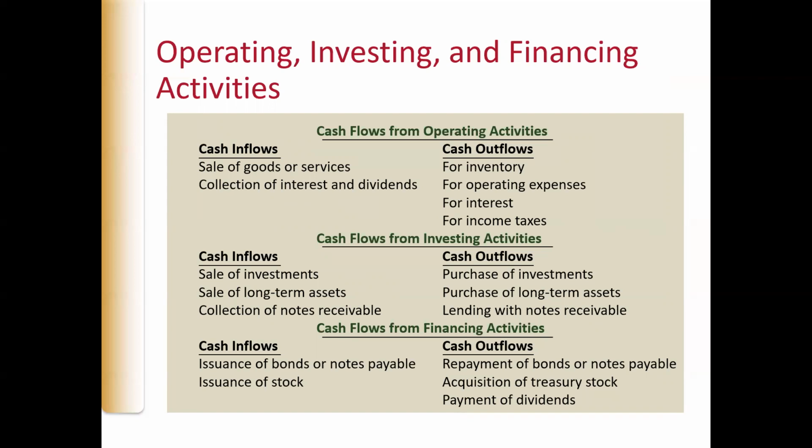The outflows would include purchasing investments, long-term assets, or lending money to people for notes receivable. Then, regarding financing activities, it would include the issuance of bonds or notes payable, the issuance of stock, and then the outflows would be repaying bonds or notes payable, the acquisition of treasury stock, and the payment of dividends.